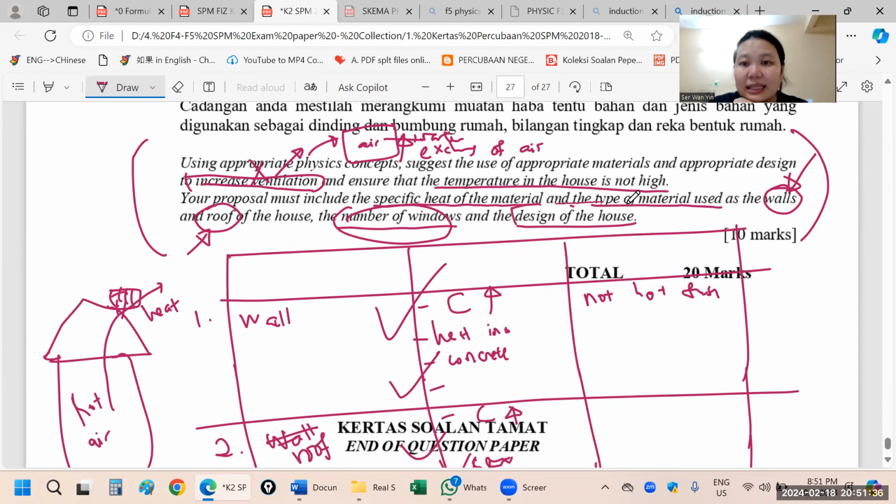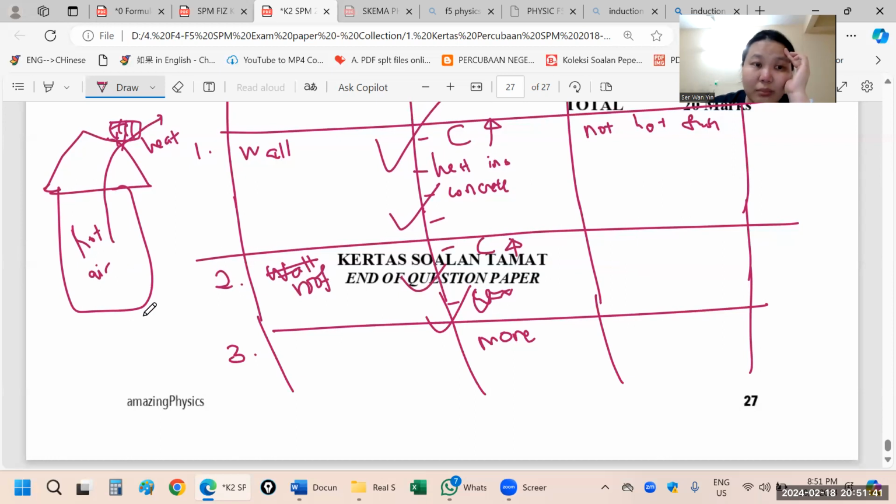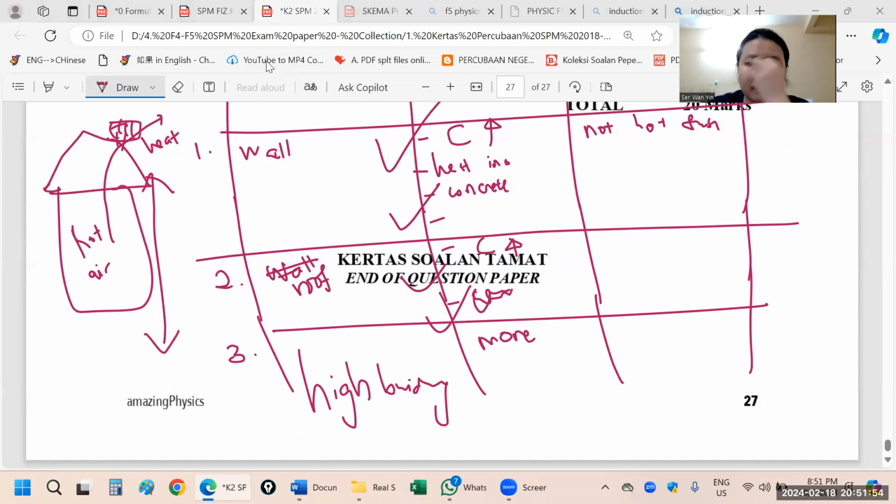Then the design of the house. We must make a very high building. High ceiling, they don't accept. They accept the building, the whole building must be high.